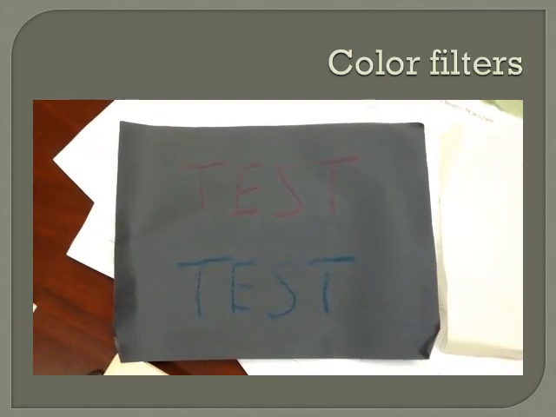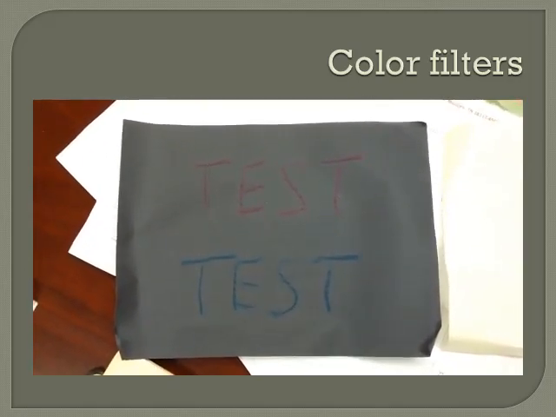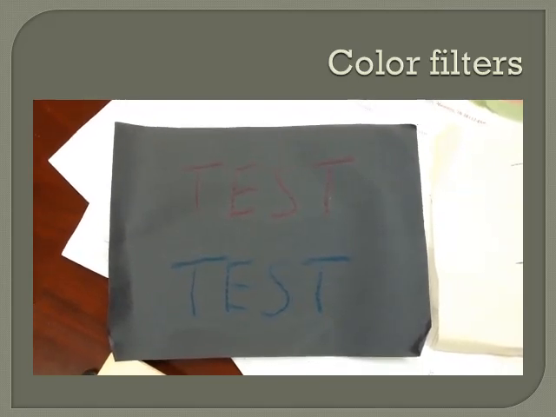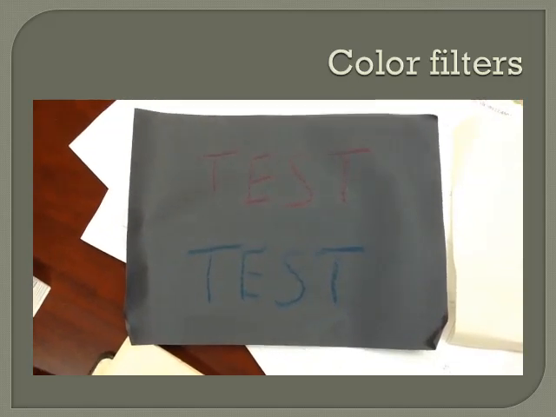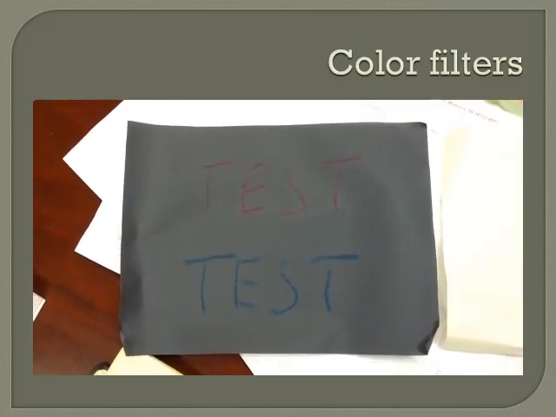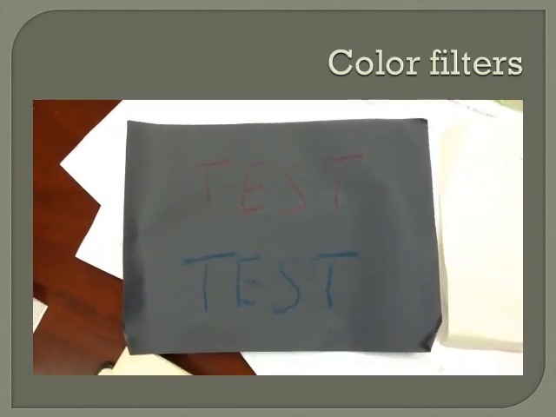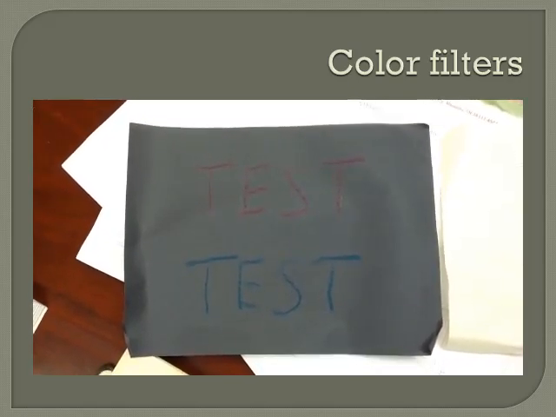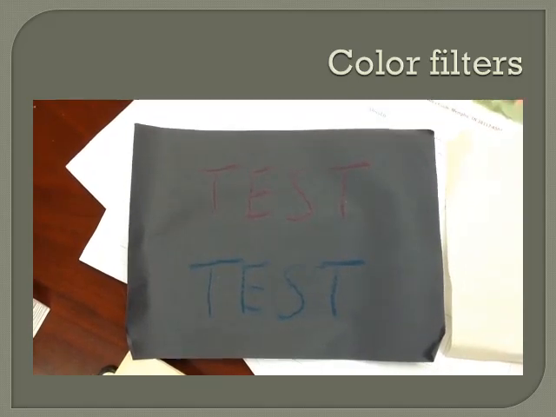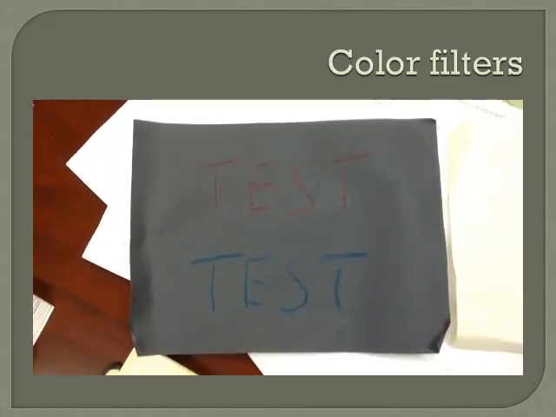But what we have is white light here in the room that is hitting the black construction paper, and some of it is being reflected into our eyes. You'll notice there's two words on there. They both say test. One is written in red crayon, one is written in blue crayon. From those parts of the paper, all the different colors of light are hitting those areas that say test, but most of the colors are being absorbed with the exception of red in the top case.